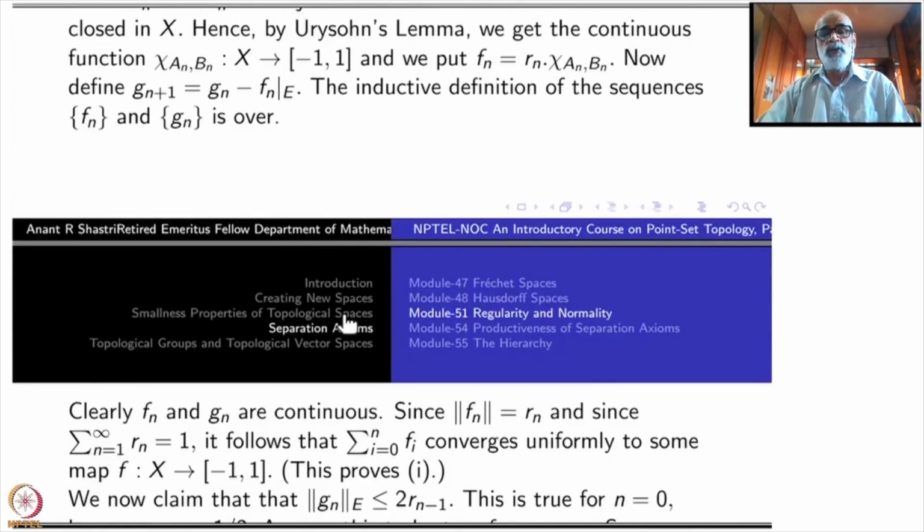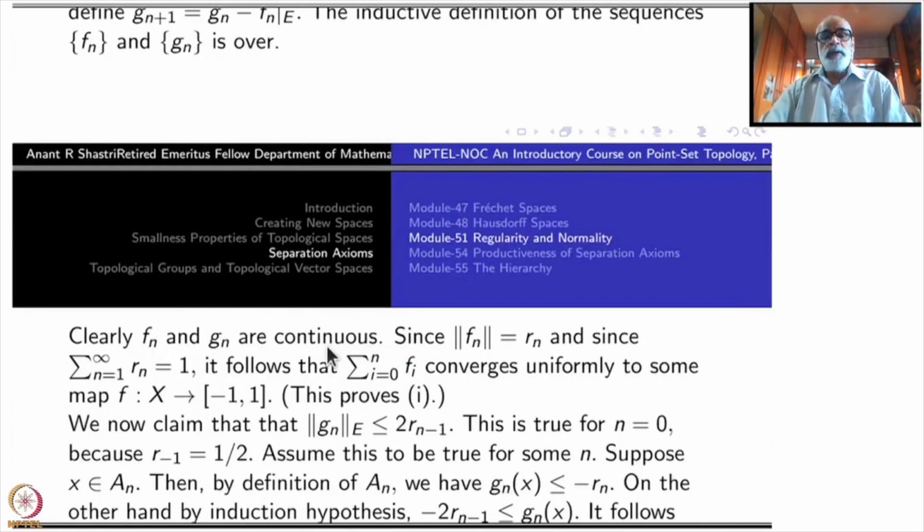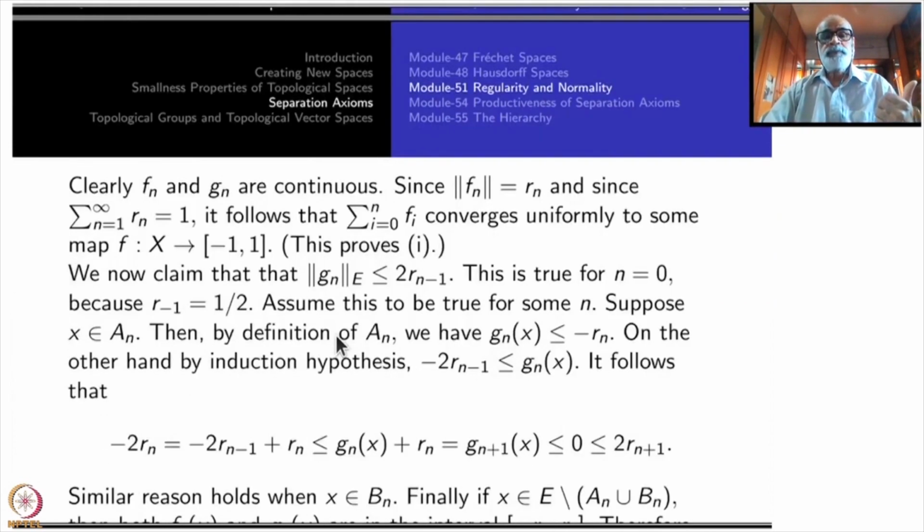Next task is to show that these things converge to whatever we wanted. Namely, first of all, Gn and Fn are both continuous. The norm of Fn is equal to Rn times the norm of chi An Bn, that is 1. Therefore, it is Rn.